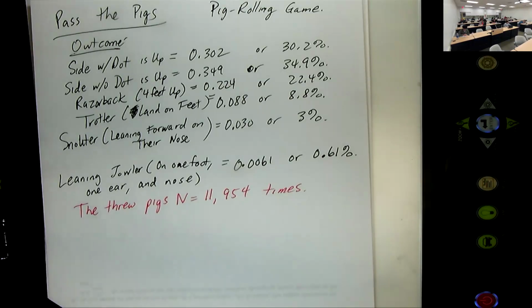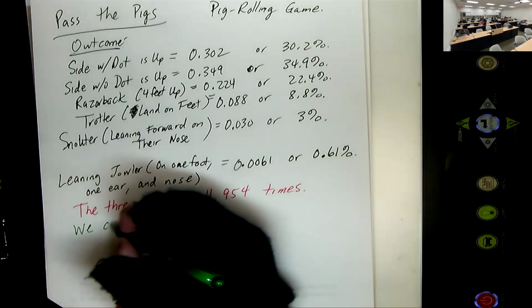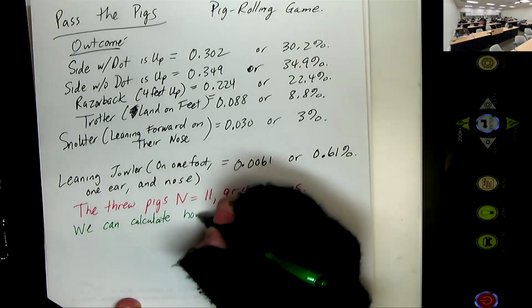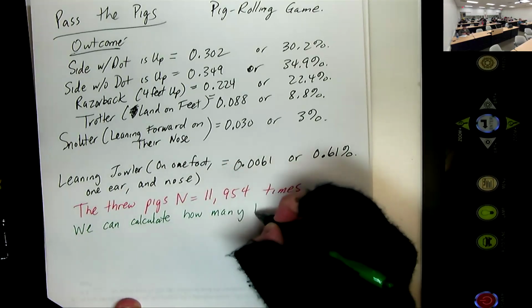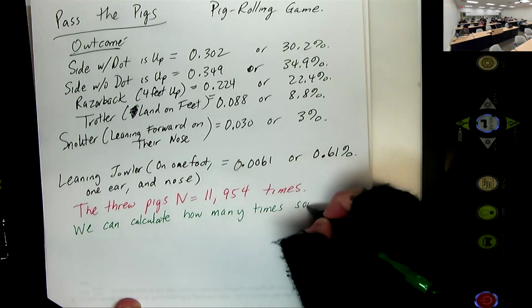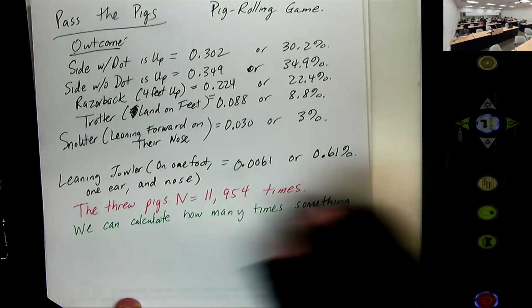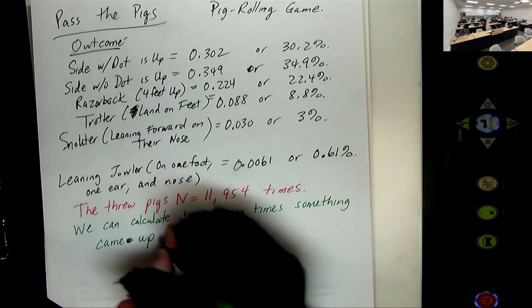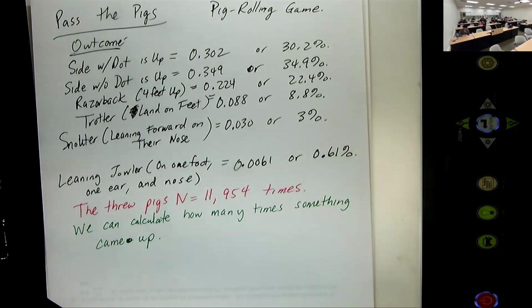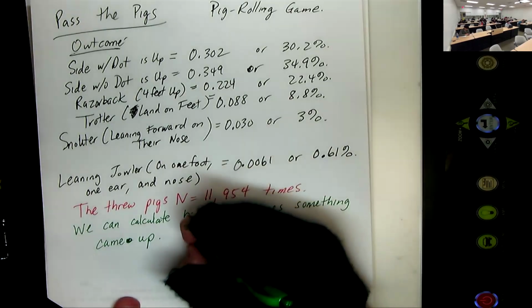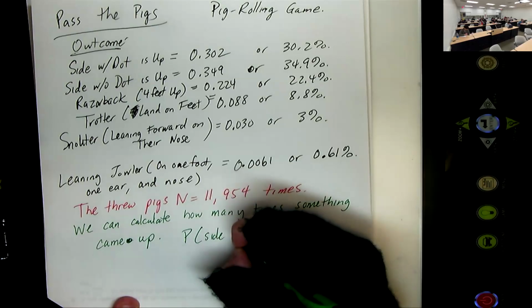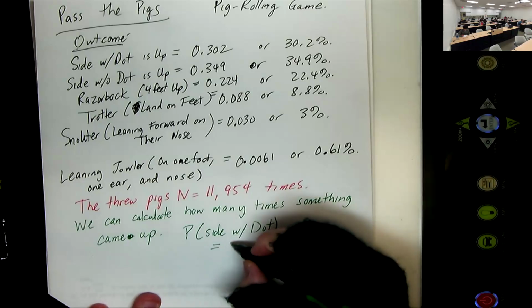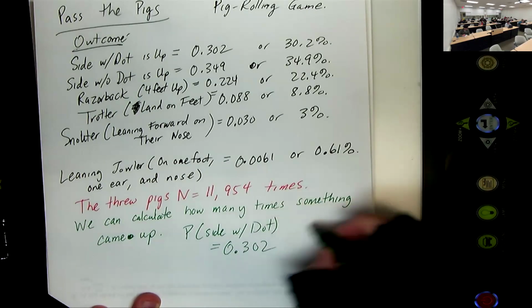The way we can calculate how many times something came up: let's say we did the probability of side with dot. We know that equals 0.302.